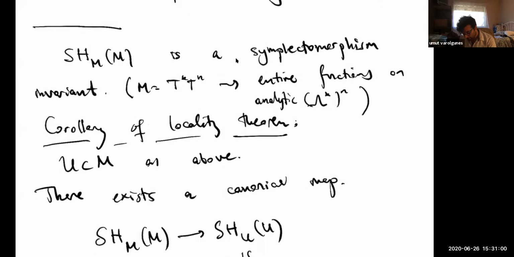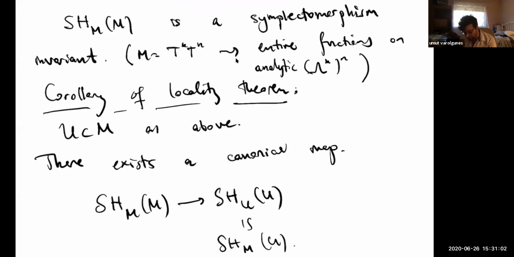Okay, so now one point is that with this definition, SH is a symplectomorphism invariant. And for example, if you do it for the cotangent bundle of the torus, then what you get is entire functions on the analytic Lambda star to the n. If you do Viterbo symplectic cohomology, you'll get algebraic functions on the torus.